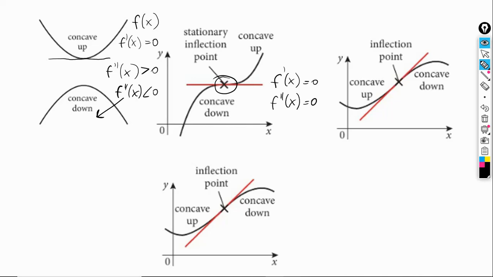We would have to test values after this point with the second derivative to see if the concavity is upwards or downwards. But we'll see that. It'll be clearer in an example. Then in other cases, inflection points can be found with the second derivative. So these inflection points will occur where the second derivative is equal to 0.